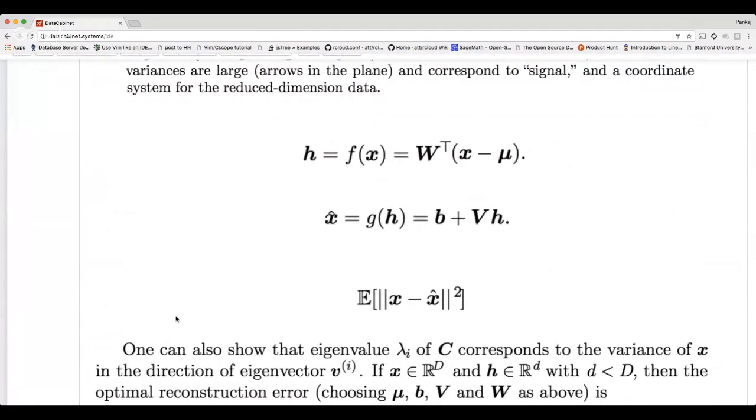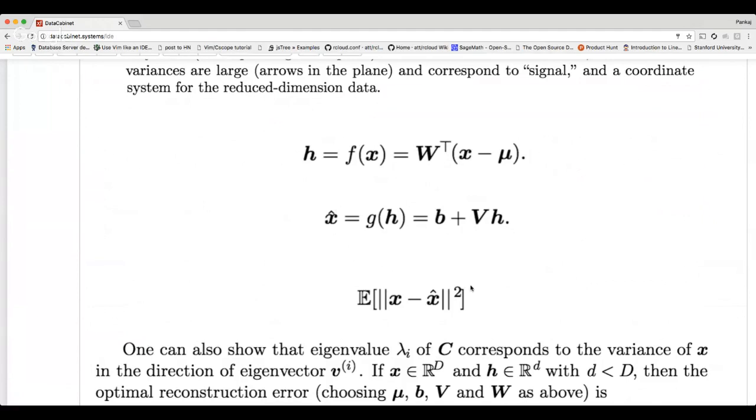If you formulate the PCA problem like this: you take X, you find some mu and W that takes it to a lower dimensional space, and then you find another matrix B that takes it back to the original space.